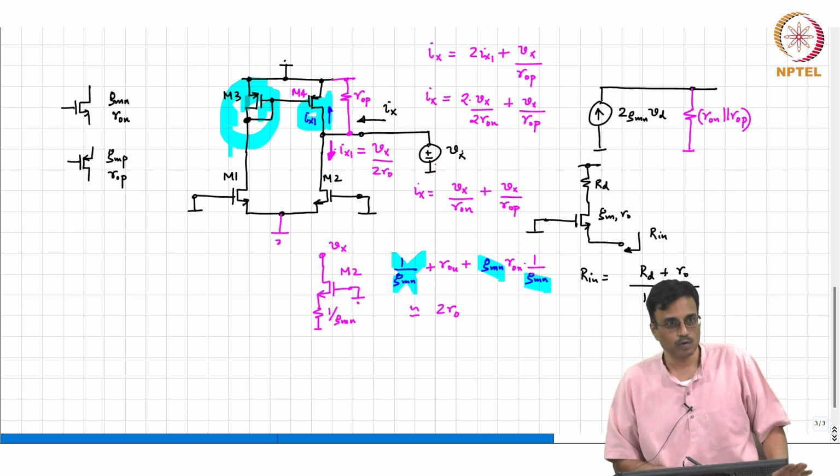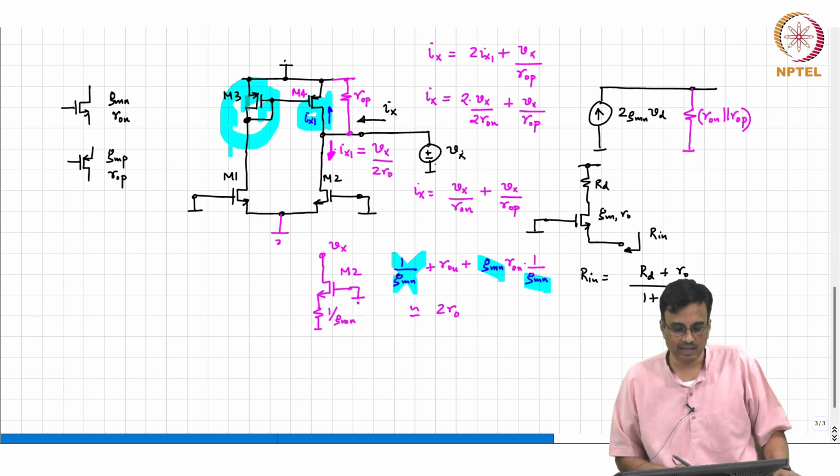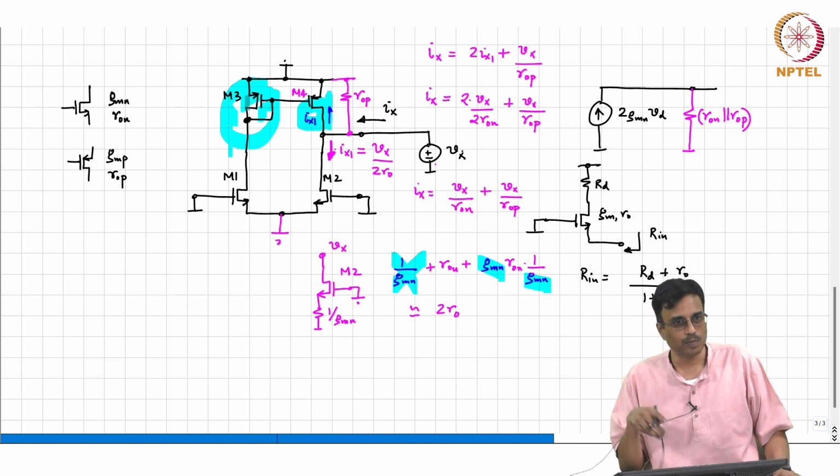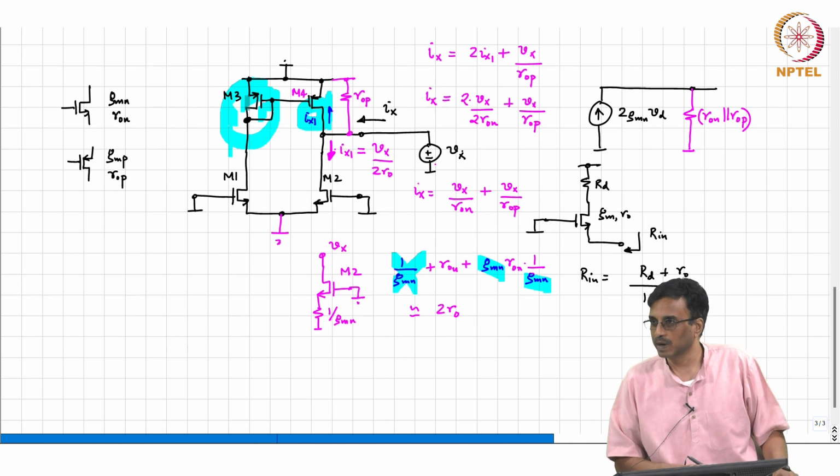So this is a great interview question, because somebody asks you to analyze this and you will say, well, this source is grounded, and then you have Ron, Rop. Obviously, the answer is Ron parallel Rop. And then the interviewer will ask you, how did you ground the common source node?